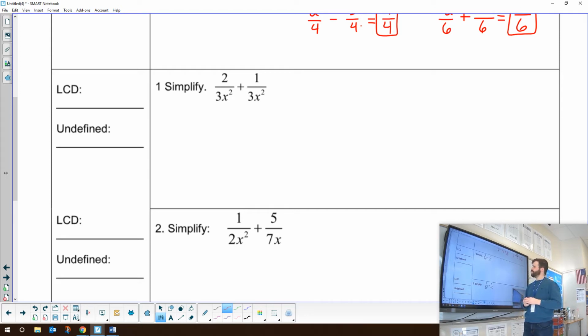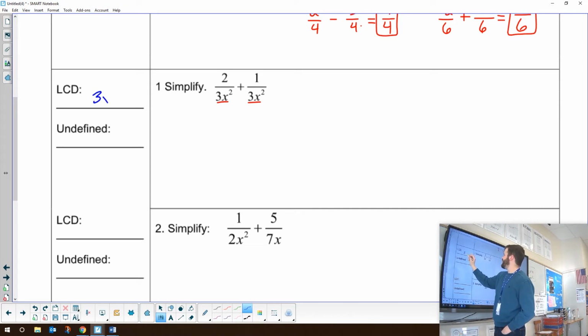So let's take a look at number 1. So first step, we're going to look and see what is the least common denominator between my two fractions. And in this case, we already have my least common denominator. These two are the same. And so my least common denominator is going to be 3x squared.